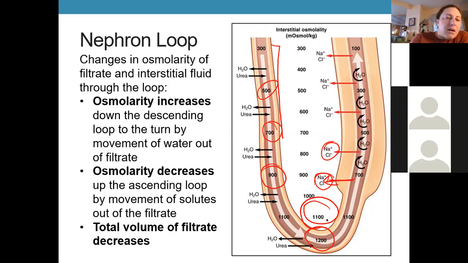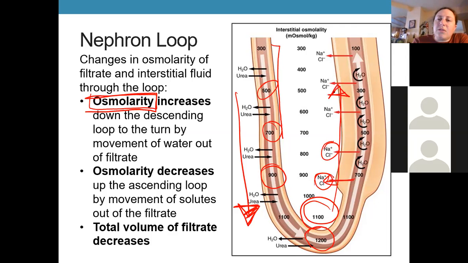So we call this osmolarity. And what we see is the osmolarity, or the really high solute concentration, increases as we go deeper into the medulla. And then it decreases again within the tube as we ascend back towards the cortex, because we're pumping out the solutes that were making it high osmolarity and keeping the water trapped.